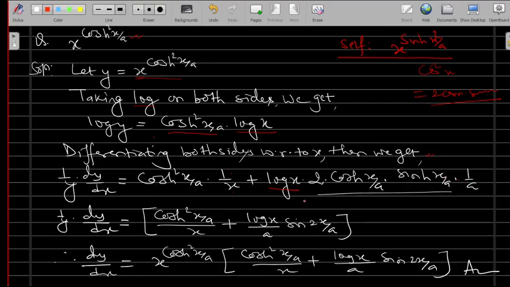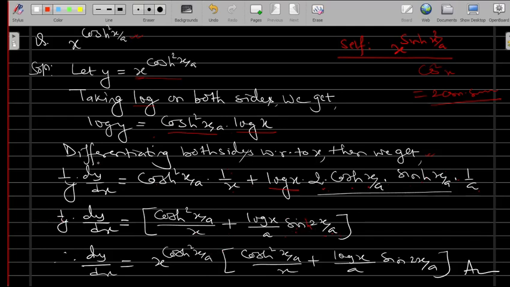So we obtain 1 by y dy by dx equals hyperbolic cos square x by a by x, first part, plus log x times this, where 2 sine a cos a is sine 2a, that is sine hyperbolic 2x by a.